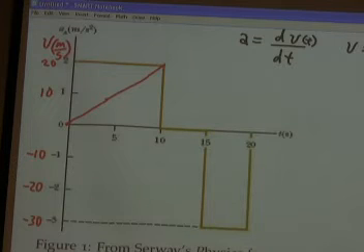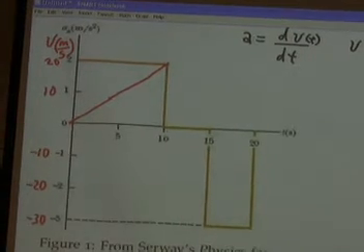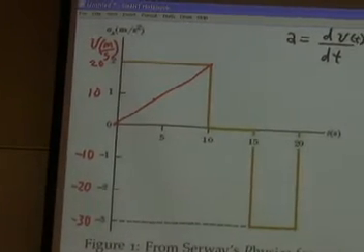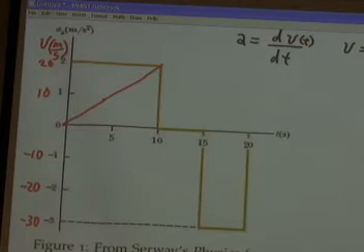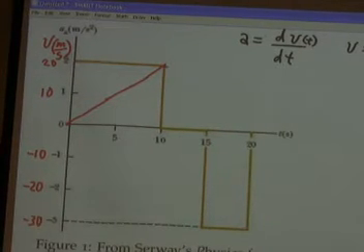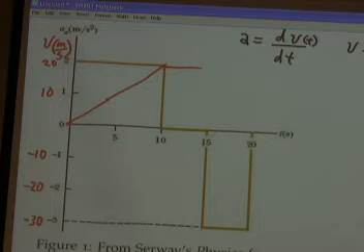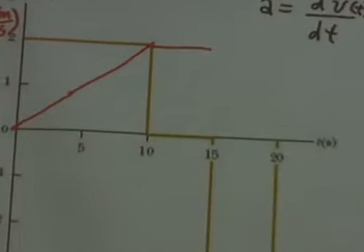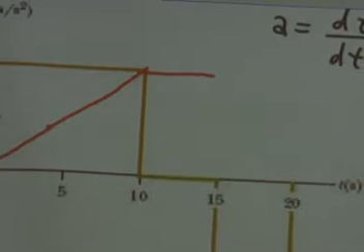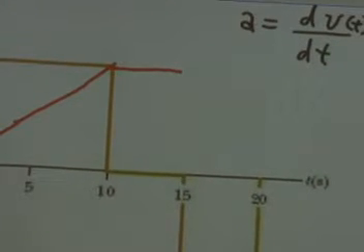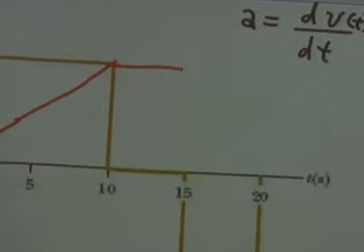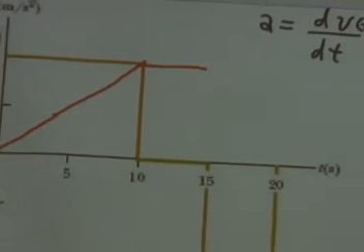Okay? From 10 seconds until 15 seconds, notice that the acceleration is 0, which means the velocity is not changing. Therefore, on our graph, velocity would remain constant for those 5 seconds. From 15 seconds to 20 seconds, notice that the acceleration is negative 3 meters per second squared.